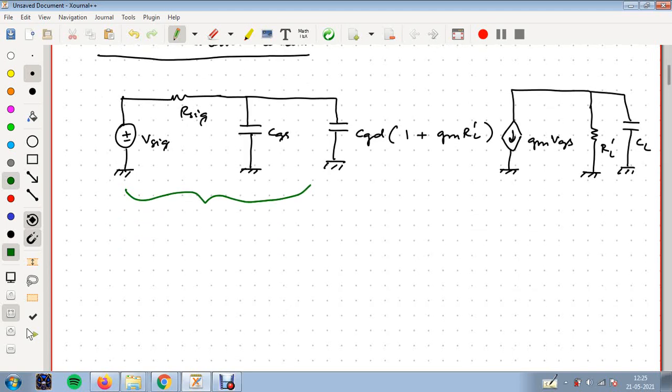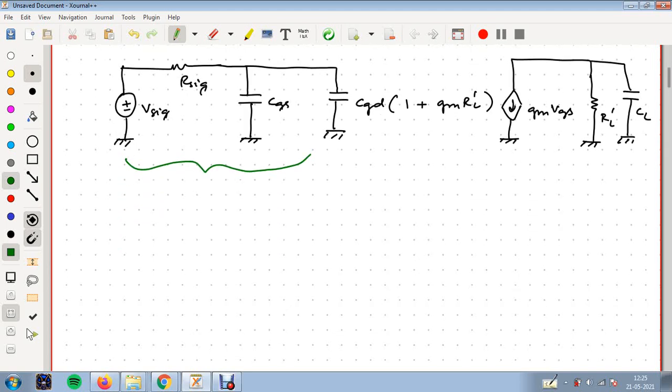If I call this C in, C in here is the parallel combination of capacitances CGS and CGD into 1 plus GM into RL prime.